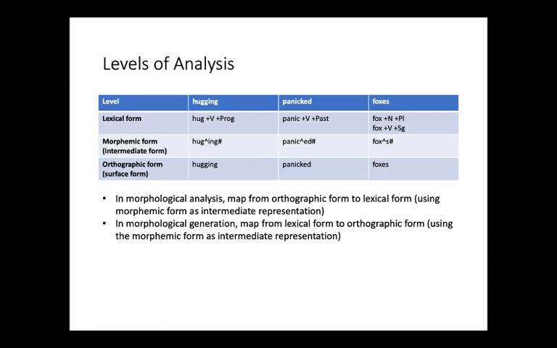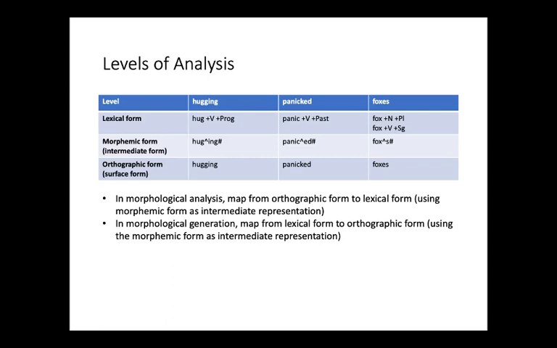That is, we ignore the plus verb plus prog part and just go from hugging to hug-ing to hug. So given an input hugging, we want to generate hug. Given an input panicked, we want to output panic. Given an input foxes, we want to output fox. That's basically what your homework is about, except you go both directions. Does this make sense?